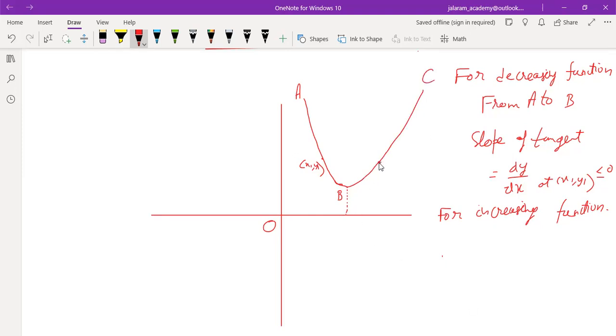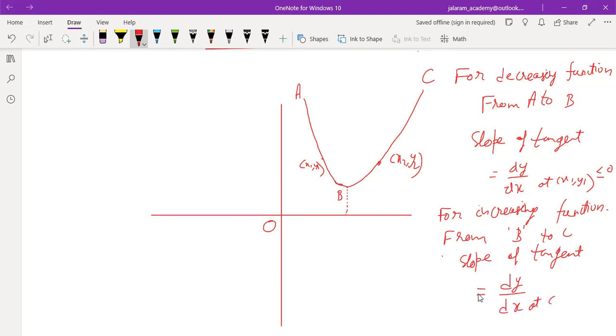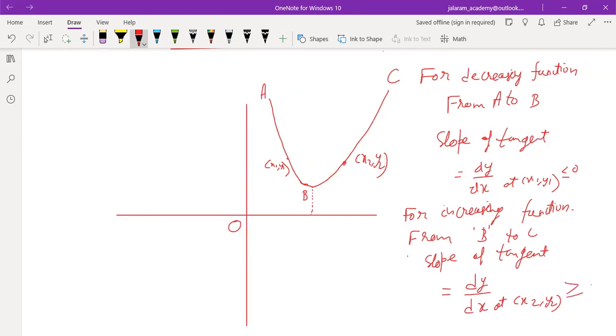So at any point if a tangent is drawn from B to C, it is clearly observable that function is increasing from B to C. And if a tangent is drawn, the slope of that tangent, which is denoted by dy by dx at the point of contact, if we assume that it is x2 comma y2, then it is always positive.